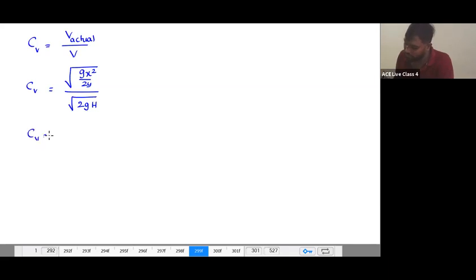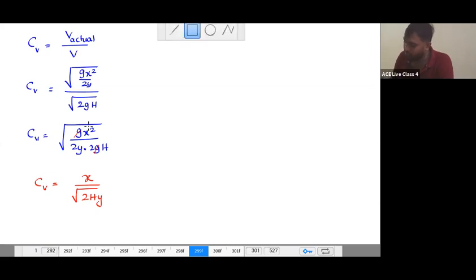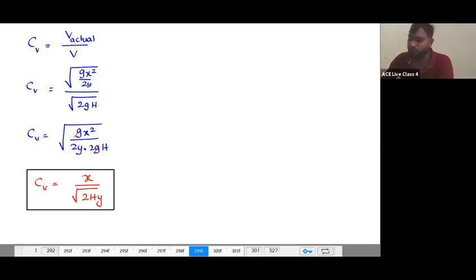Then CV is equal to square root of gx square by 2y into 2gh. So anyway g and g will get cancelled. Then root x, so x by root of 2hy. This is how we are going to find out the coefficient of velocity.